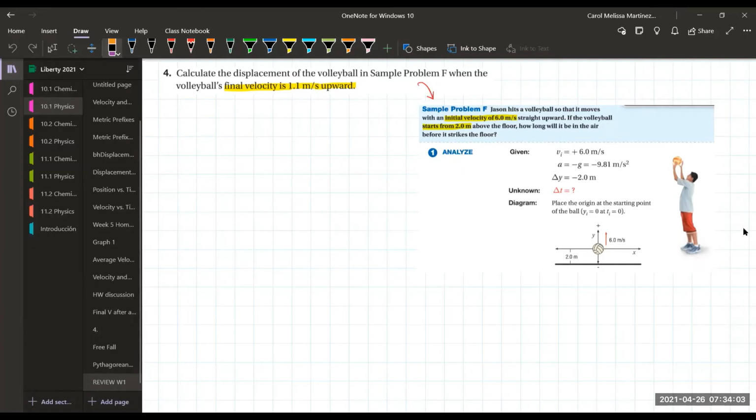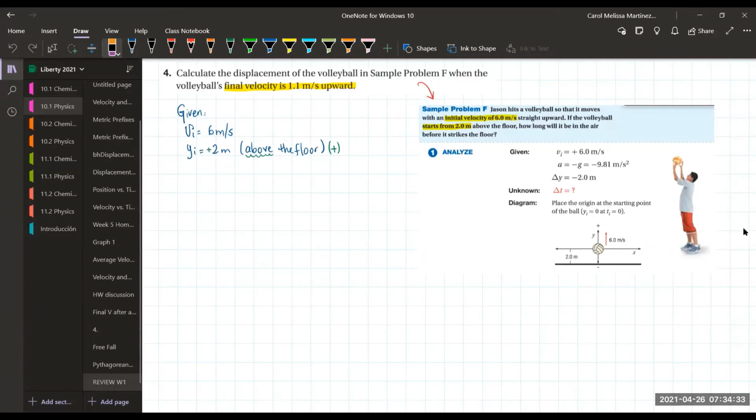It says initial velocity, which is 6 meters over second, and initial position is 2 meters above the floor. So this represents a positive sign because it says above.